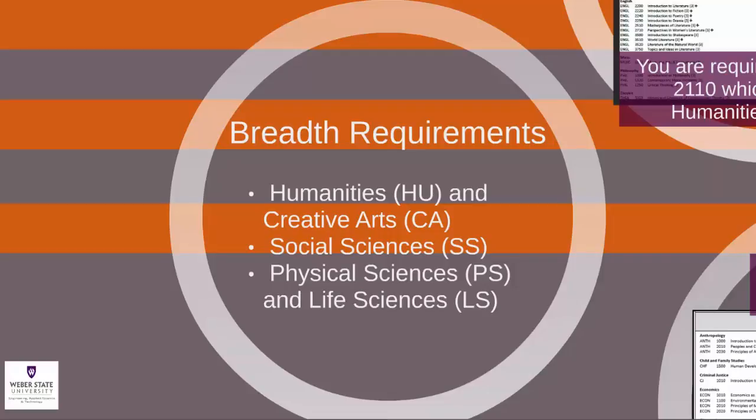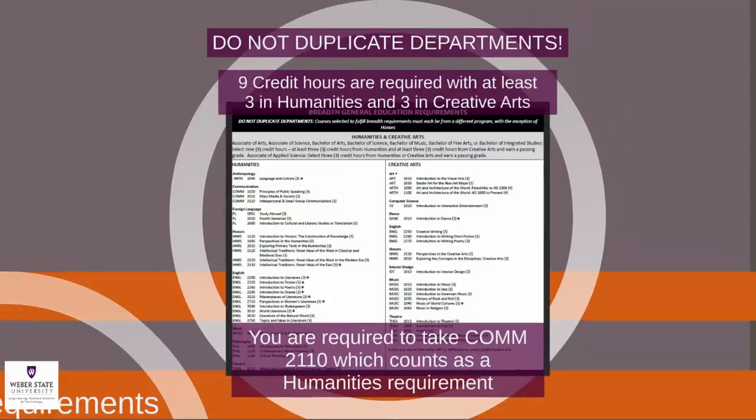For manufacturing, engineering, technology students, major courses require a C or better. We will begin by discussing the humanities and creative arts requirement found on page 2 of the general education requirement sheet found on the East Advisement Resources page.